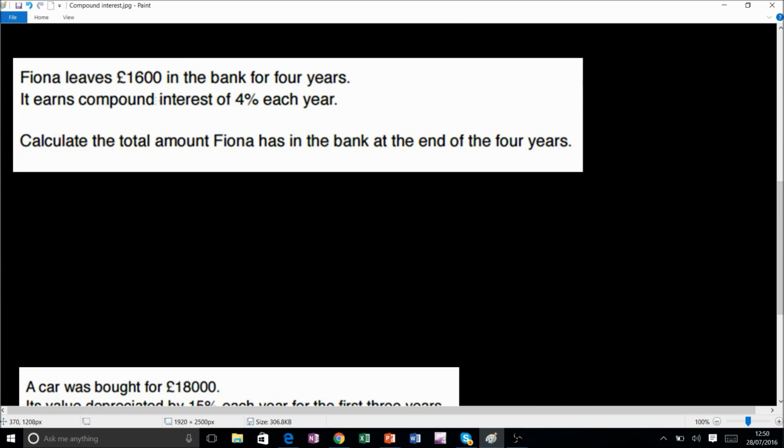Okay, let's go through another example. It says Fiona leaves 1,600 in the bank for 4 years. It earns compound interest of 4% each year. Calculate the total amount Fiona has in the bank at the end of 4 years.